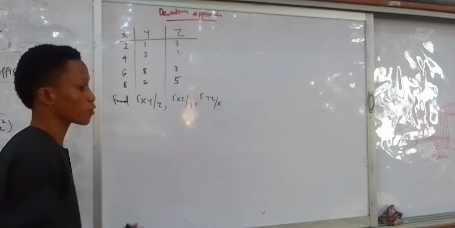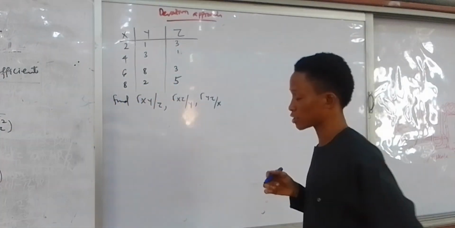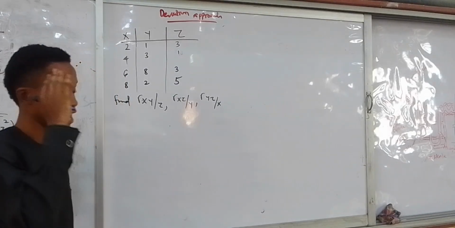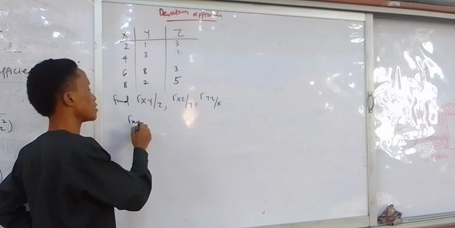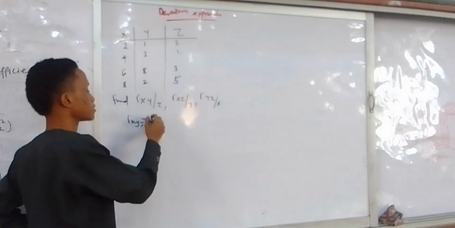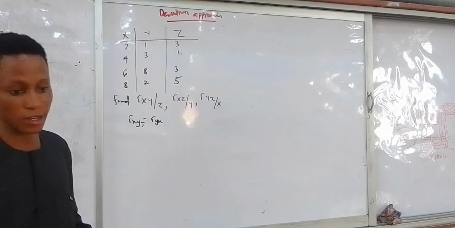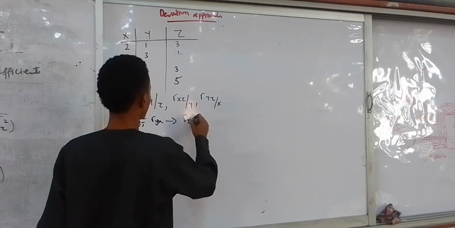Bear in mind that one of the properties of correlation is that the relationship between two variables is symmetrical. In what sense? If I write rxy, it's still the same thing as ryx, you still have the same answer. That's what we say is symmetric.